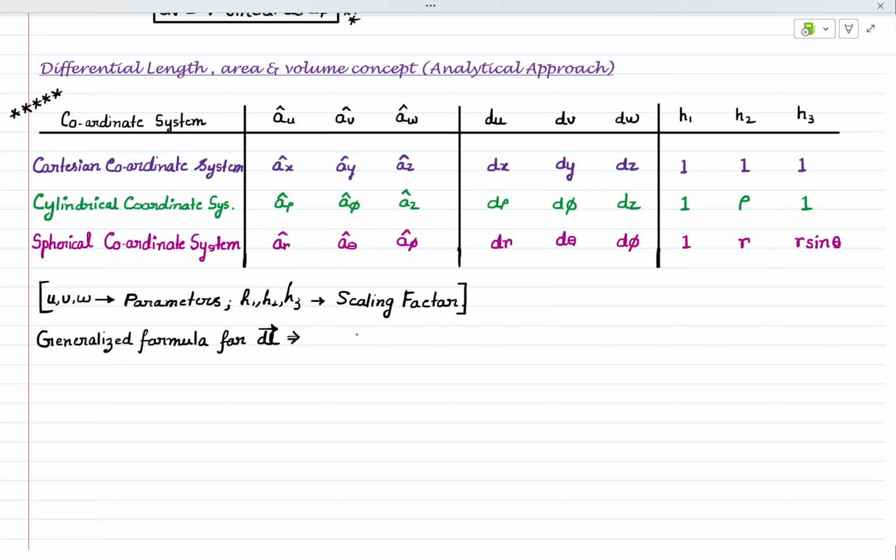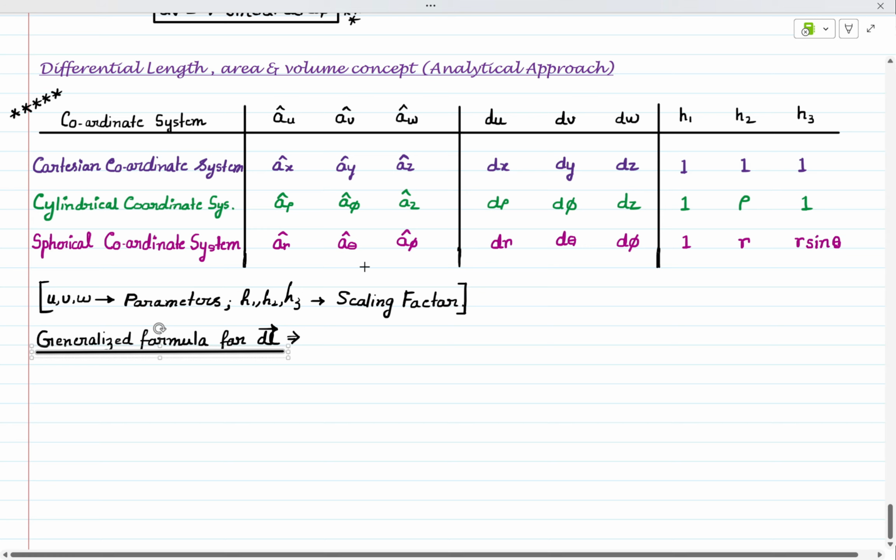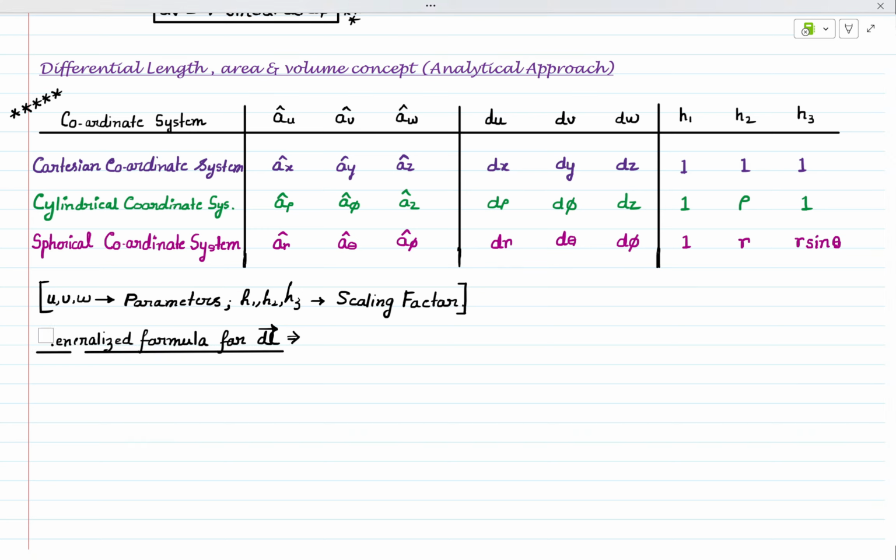What is the generalized formula for differential length using all these three parameters, u, v, w? Okay, I will not write it like this because it will be very confusing. So I am writing directly dl equal to.